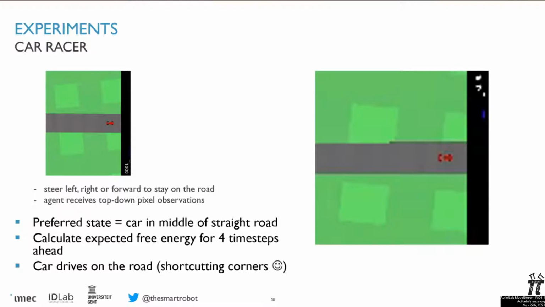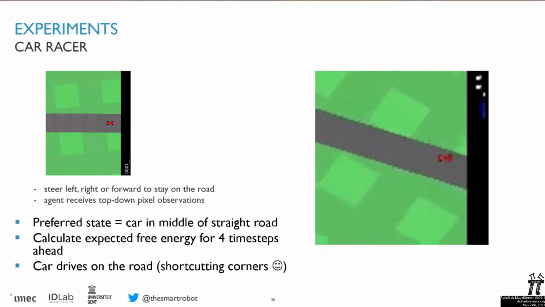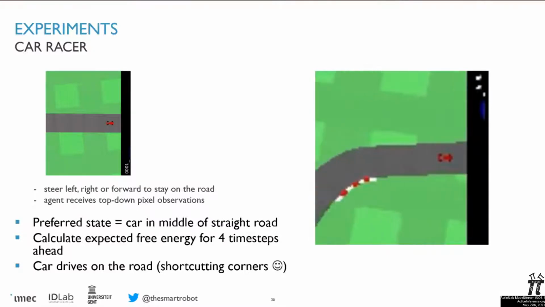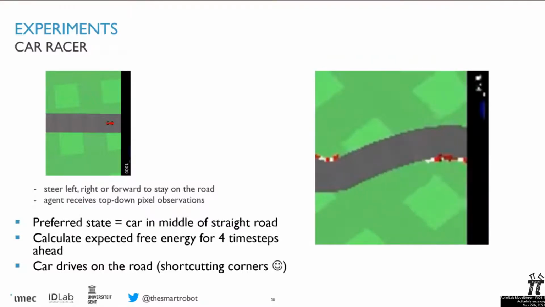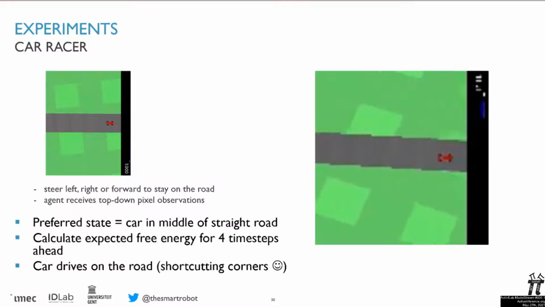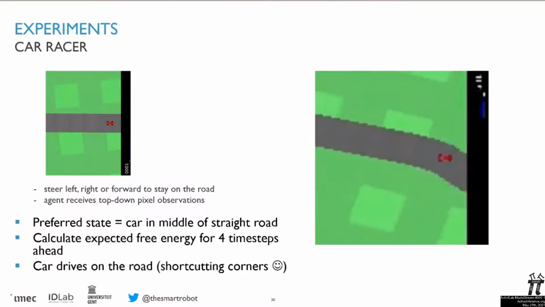If you then use the planning tree that Tim explained on this little card, it will have learned that the road, so the gray area, is important, and it should stay on this. Now, this agent is a bit more greedy since it tries to shortcut corners to get quicker on the gray part, as you can see here.